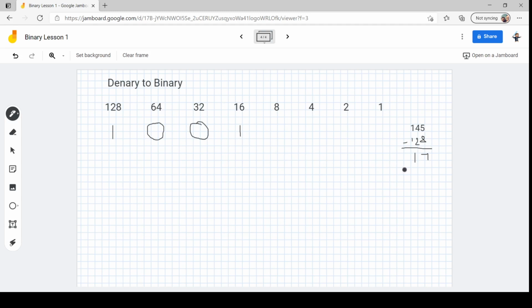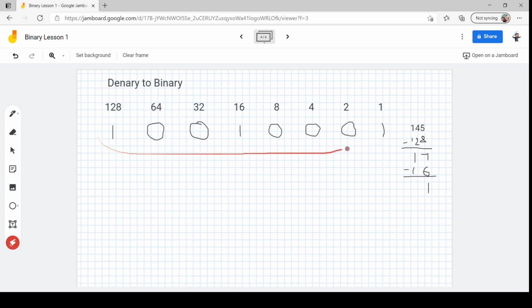Then we take away 16. Now I know you can do that one in your head, but just believe in the process. So 17 take away 16 is 1. We now know that we're not going to use 8 because 8 is definitely bigger than 1, so it's a 0. 4 is also bigger, that's a 0. 2 is also bigger, 0. And 1 is the exact one we're looking for, so you put a 1 underneath 1, and there we have our binary number.